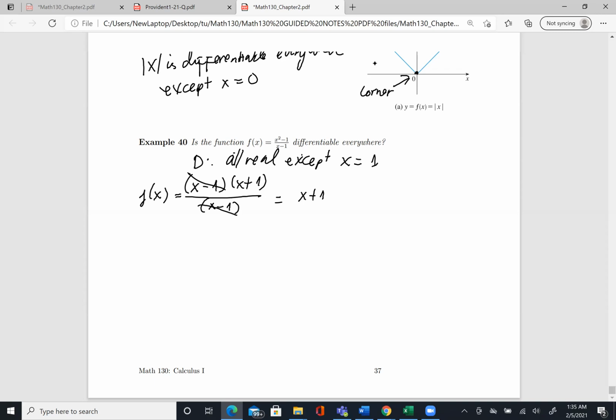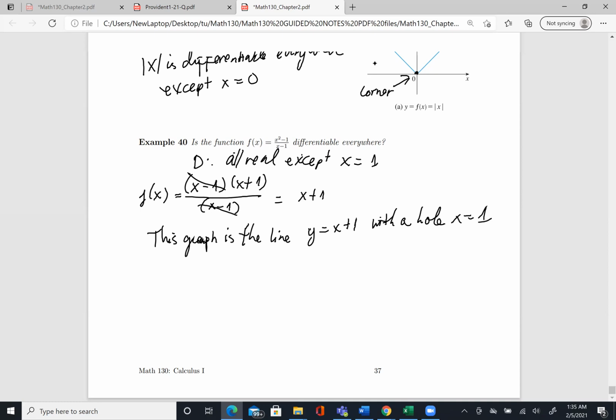However, this graph looks like, or is just, the line y equal to x plus 1 with a hole at x equal to 1.